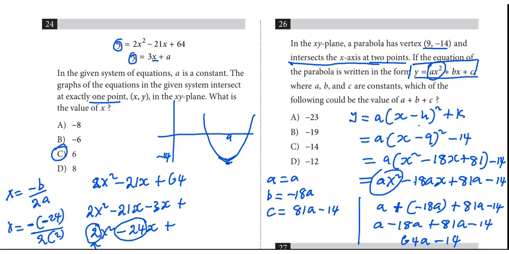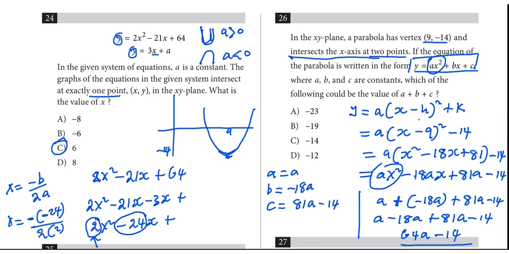So whenever a parabola or the graph of a quadratic function has this curve, it means that a is positive. So like this, when you have this, a is positive, that means it's greater than 0. But when it is like this, it is negative, a is less than 0. Good. So in this case, a is greater than 0, or is positive.